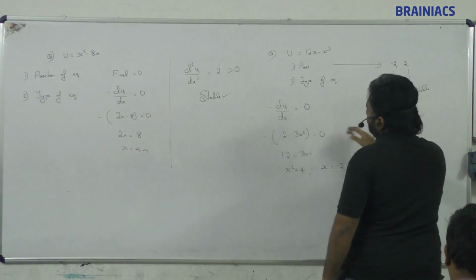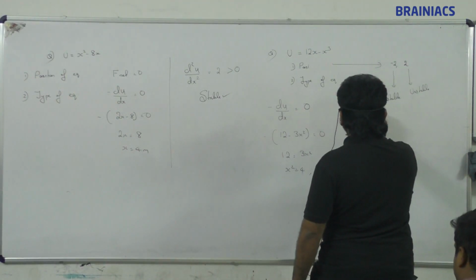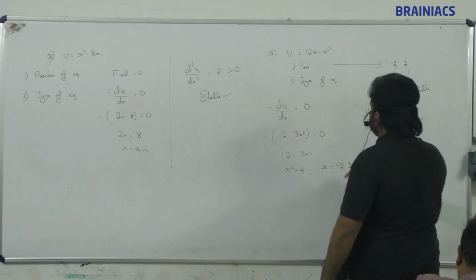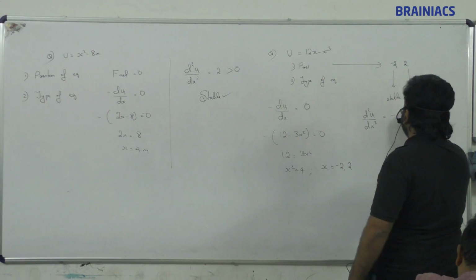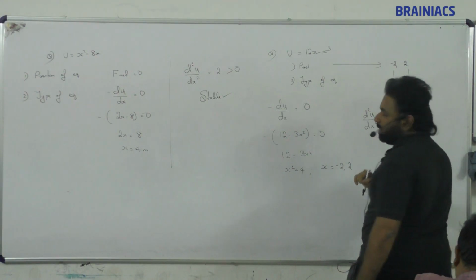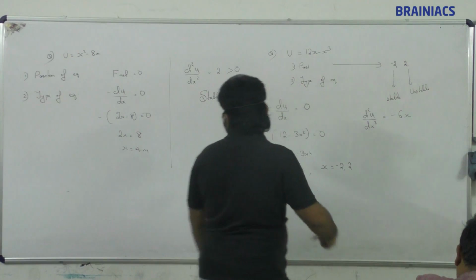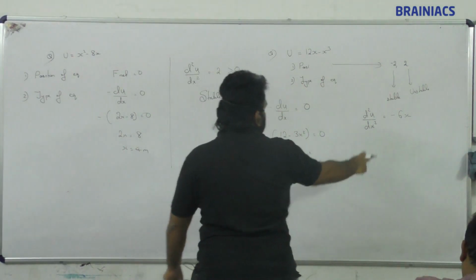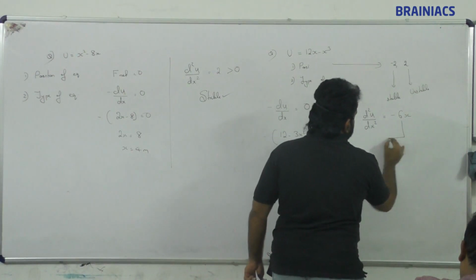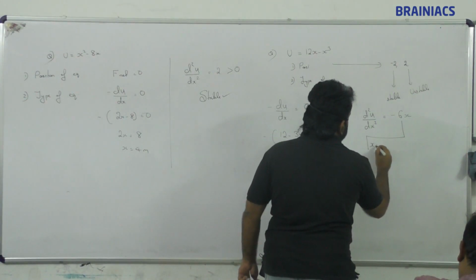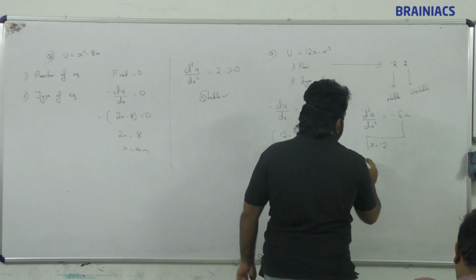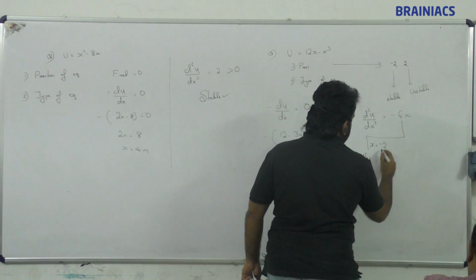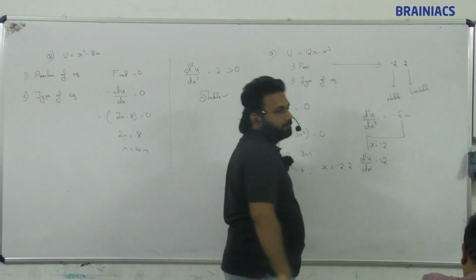So again, now if you differentiate this again, d square u by dx square, what will we be getting? We will be getting minus 6x. Since this was constant, directly commented. But now when this is minus 6x, for x is equal to minus 2, d square u by dx square is what? 12.